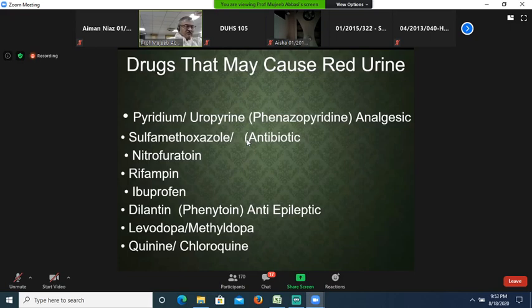Dilantin, phenytoin, it's anti-epileptic, which can cause red color urine. Levodopa, methyldopa, again for hypertension. And quinine and chloroquine. Chloroquine is anti-malarial, while the quinine group is again the same, causing red color urine. So these are a few medications which do cause this.